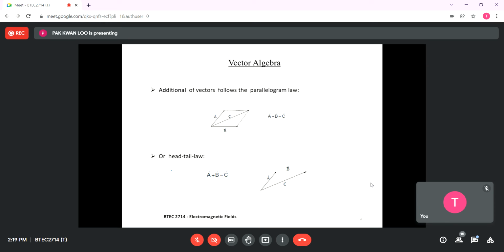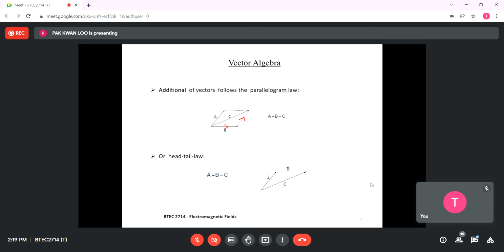So vector algebra. Vector addition, how we add. For example, I have vectors A, B, and C. C is the resultant of adding vector A and B. As you can see here, vector B is in this direction, vector A is in this direction.